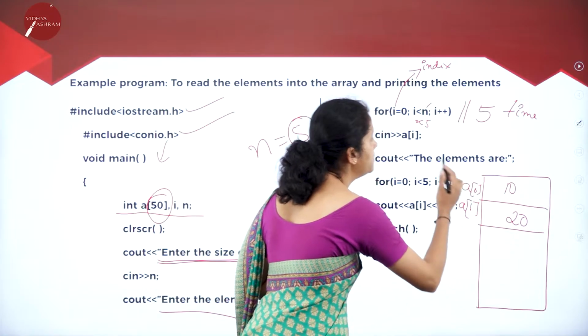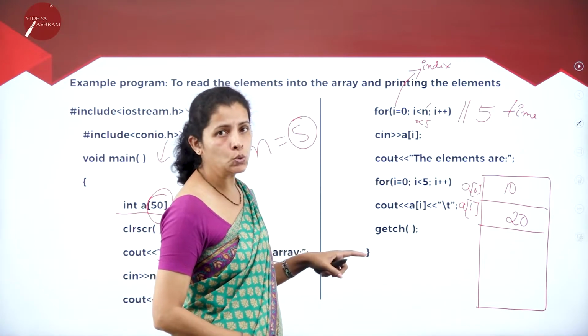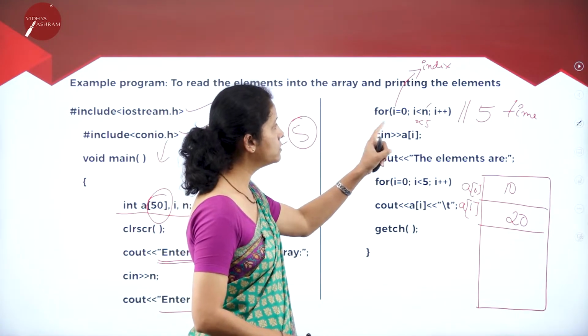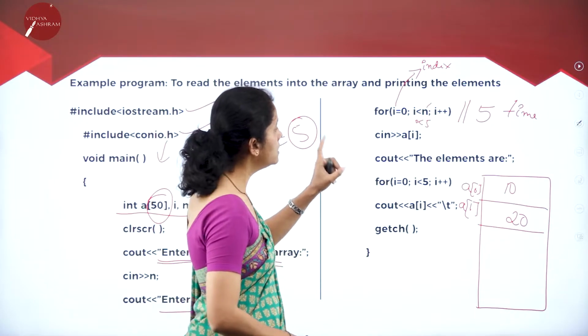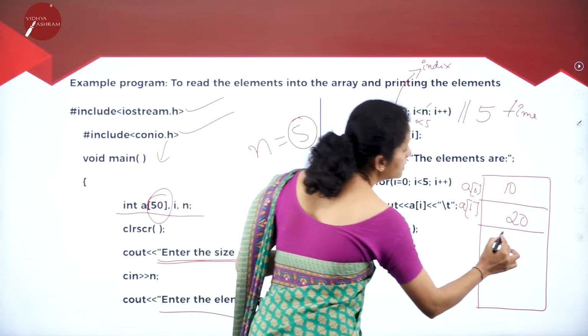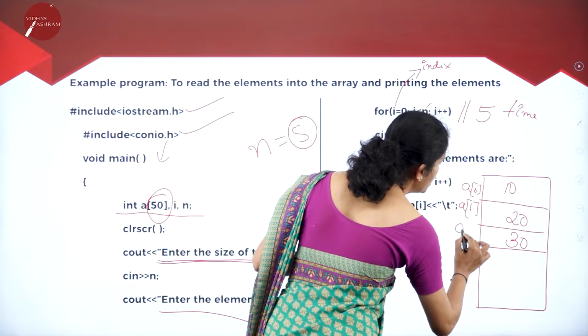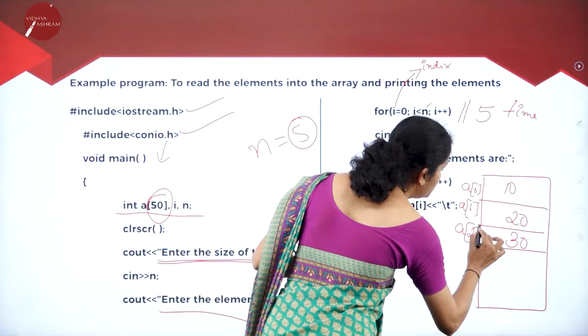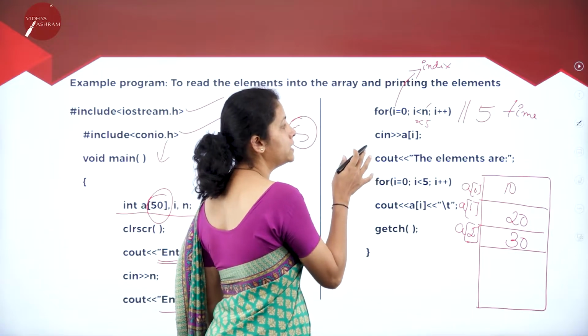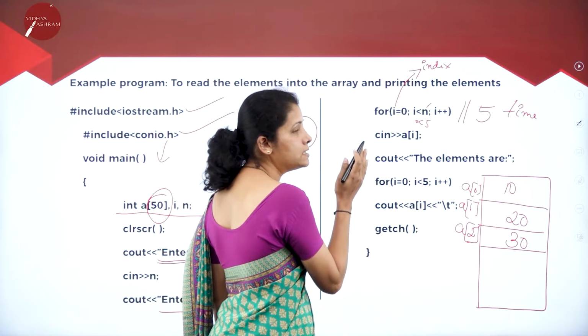Now I is incremented by 1, I is 2. 2 less than 5, the condition is true. Now I'm going to read 30 and where I'm going to store it, that is at the location 2. Now I is incremented by 1, now I is 3.